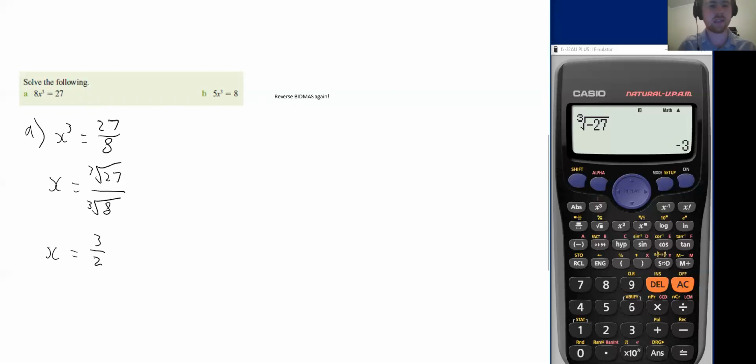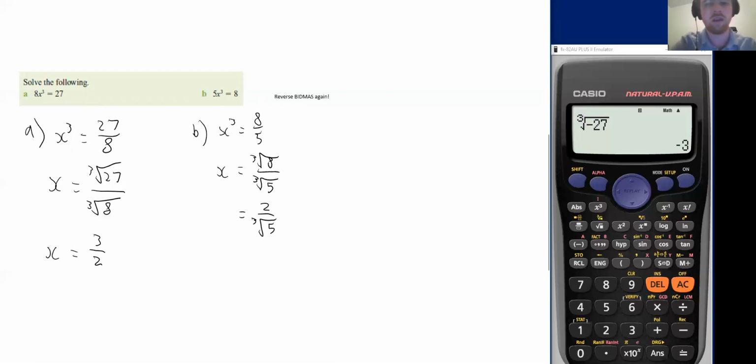Let's look at our last example here. So B, let's get rid of that 5 first. Divide both sides by 5. We get 8 over 5. For this next part, we're going to cube root both sides. x equals the cube root of 8 over the cube root of 5. Now, the cube root of 8 is 2. However, the cube root of 5 does not simplify.